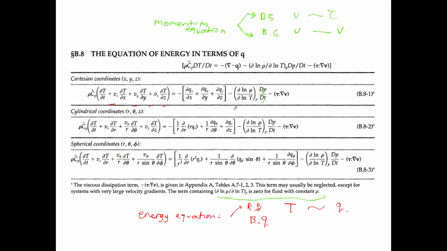Okay, so it's actually quite analogous with the momentum equation here. So when you want to do the application of this one, you may want to have a look which equation you would like to apply. Is it B8 or B9?